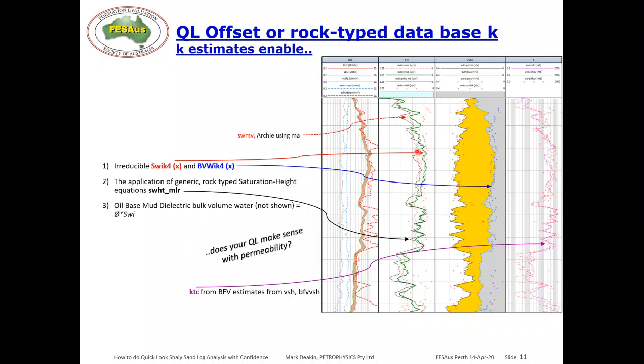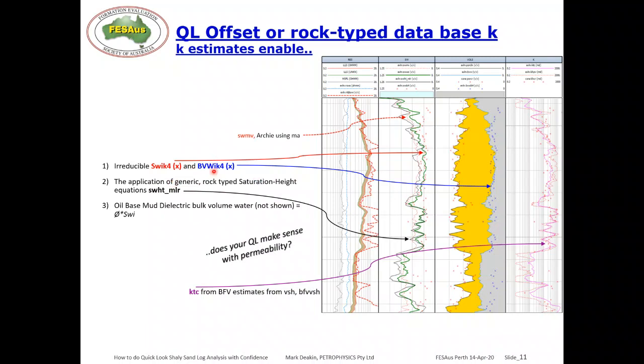Okay, so we've got SWI. K4 is the red. The red dots, that's core data. SWMV is my quick look Archie. Remember I told you about the way that we make M move around as a function of shaleness and porosity, and that's what I call SW variable M, SWMV, that's that dotted line.